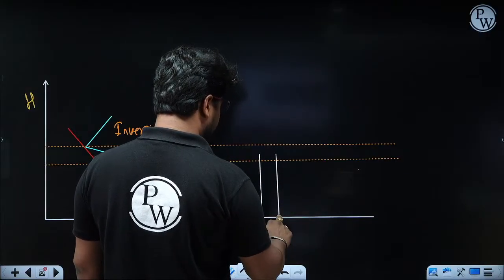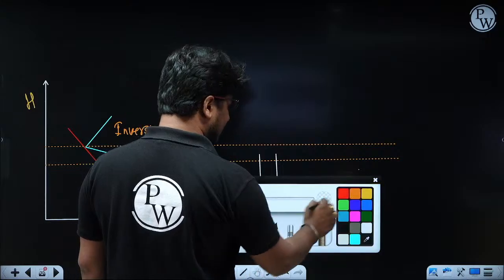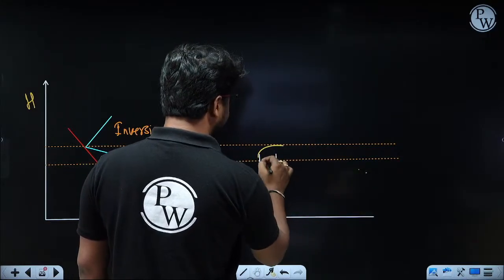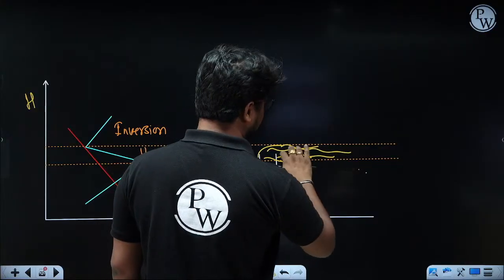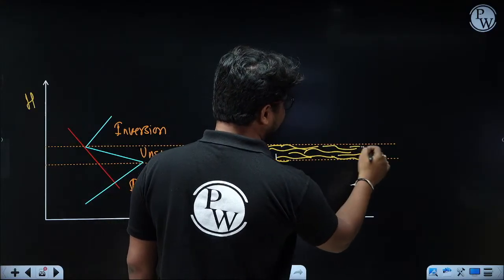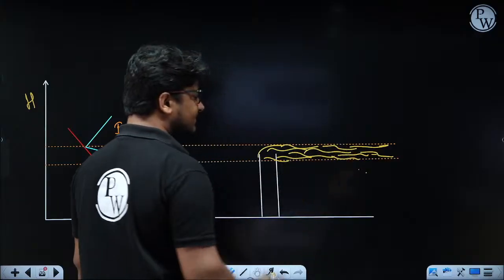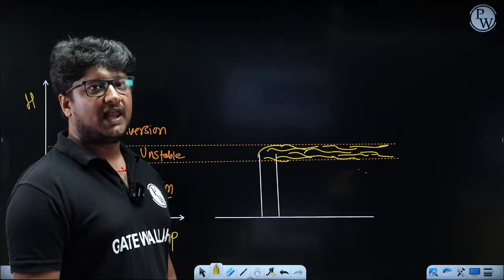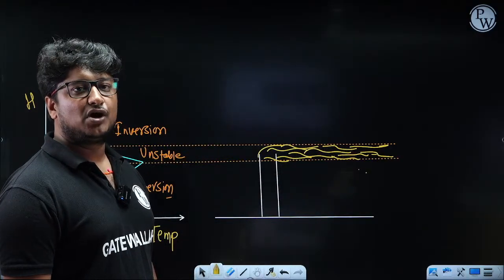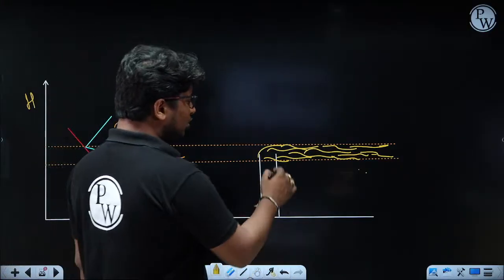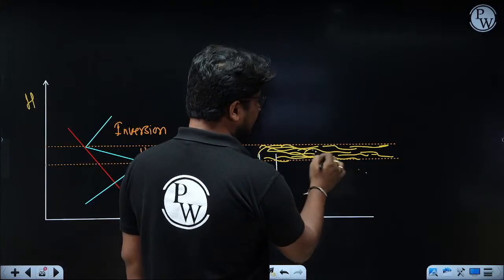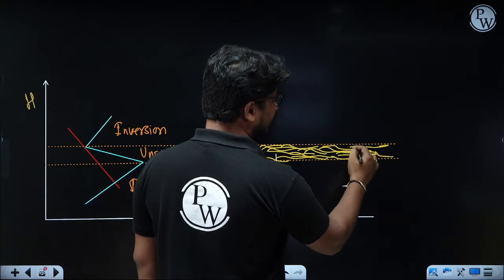In this type of scenario, if you see the plumes coming out, the plume will be completely trapped in this layer only, between two inversion layers. As you know, an inversion layer will not help you regarding vertical mixing. So in that case, the plume will be completely trapped between two inversion layers.